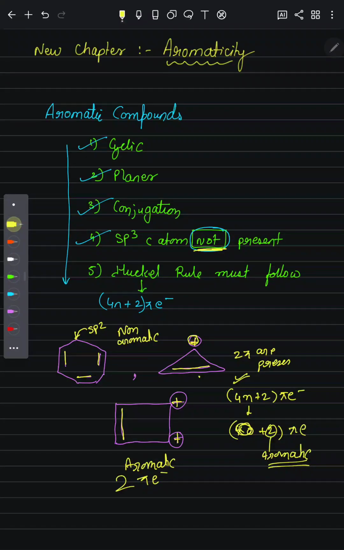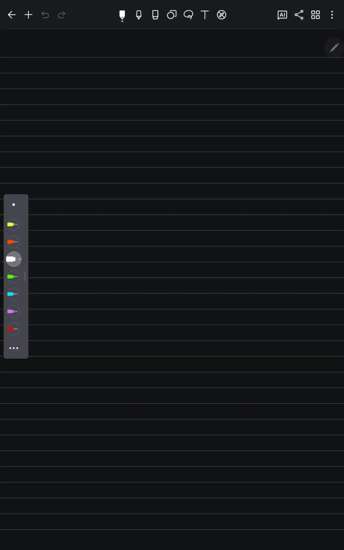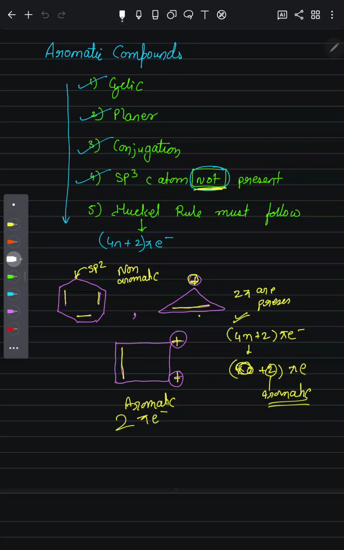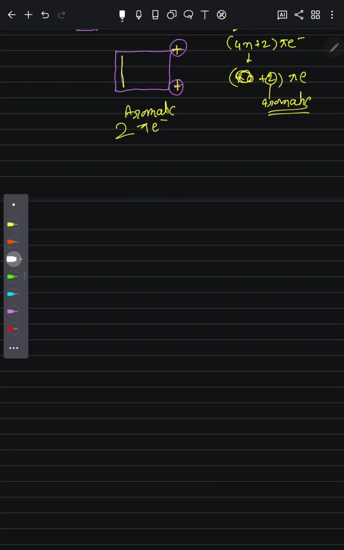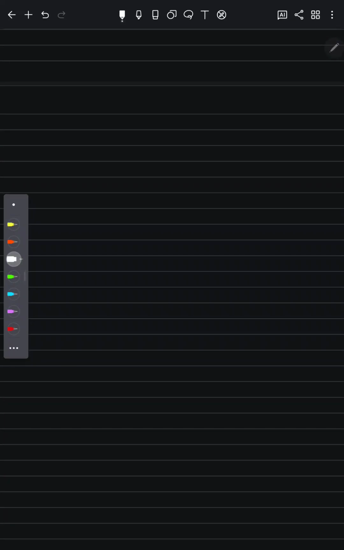There is a very easy trick to remember what is aromatic, non-aromatic, or anti-aromatic. If any of the following points is absent, then it is non-aromatic. To identify aromatic or anti-aromatic, we go through the series 2, 4, 6, 8, 10, 12, 14, 18.